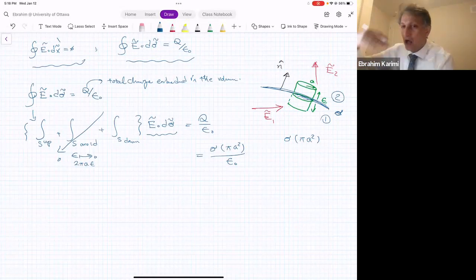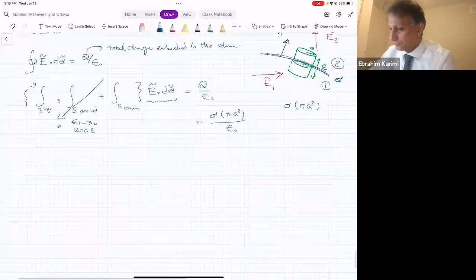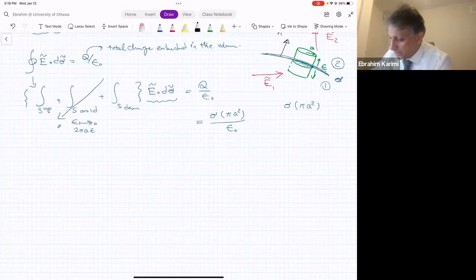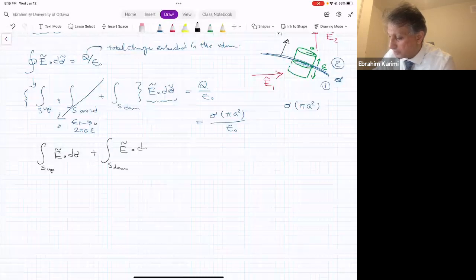What happens with the upper surface and lower surface? Let's do that in mathematics. That will be the integral on the surface up of E dot d sigma plus the integral on the surface down of E dot d sigma equal to sigma times pi a squared divided by epsilon naught.